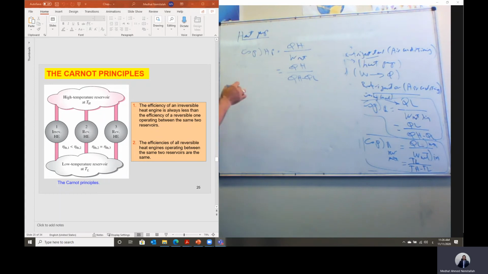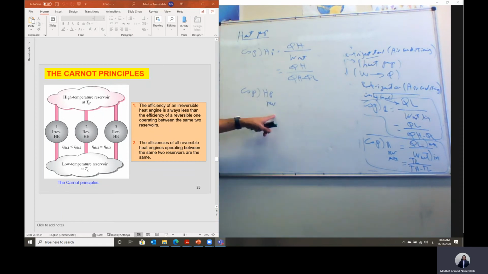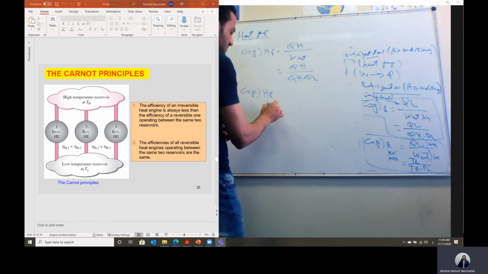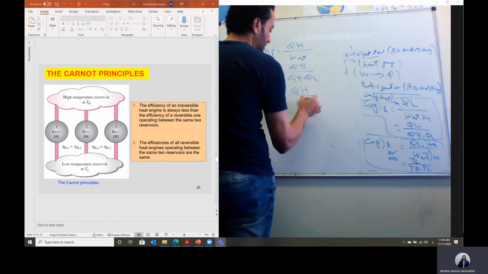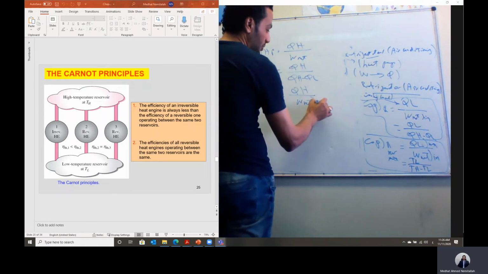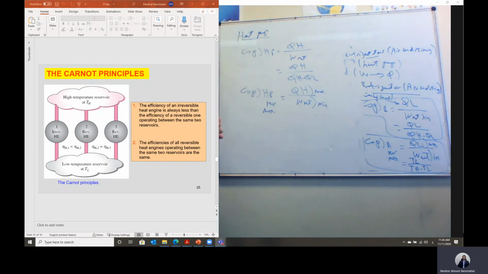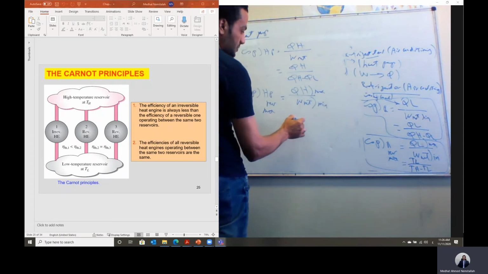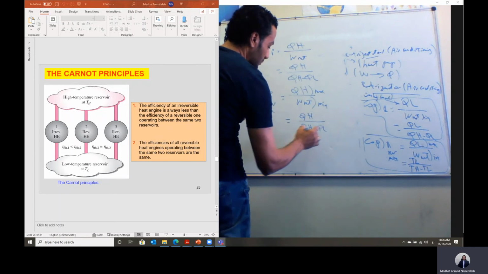But when we have a heat pump working on a Carnot cycle, we call the coefficient of performance the reversible or maximum one. It will equal Q high divided by work net. But this work net in this case will be minimum, and this Q high is maximum. That also equals Q high divided by Q high minus Q low.